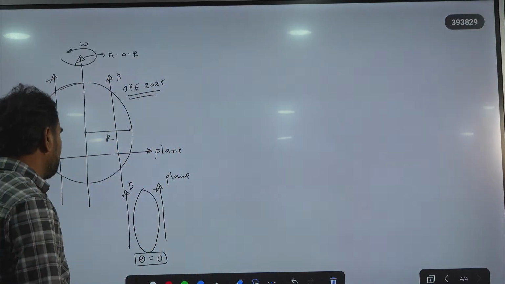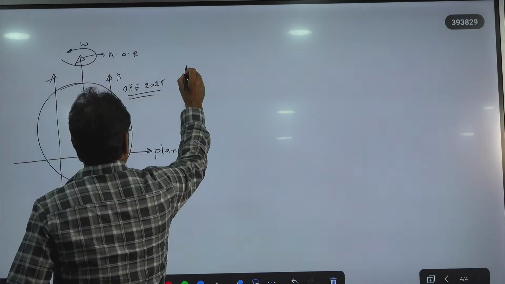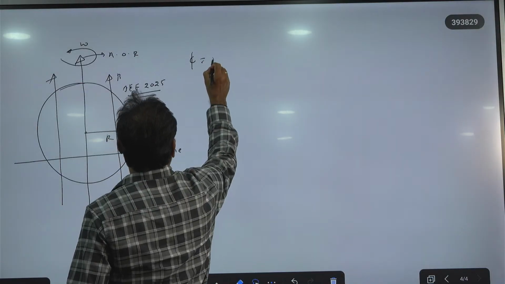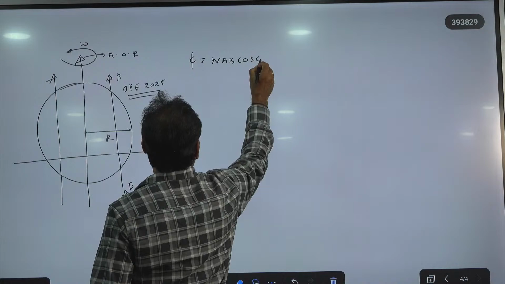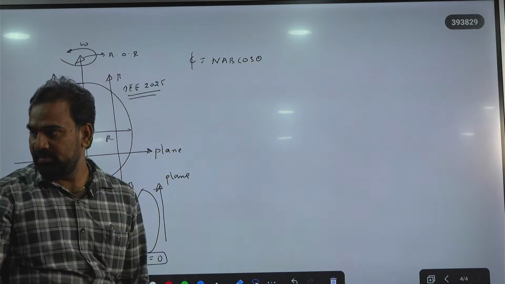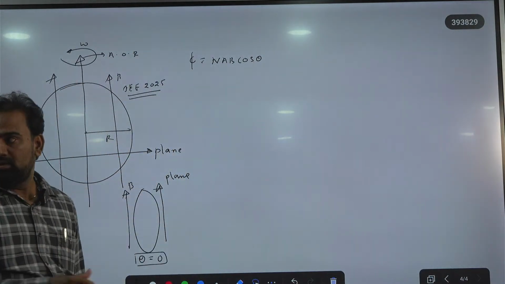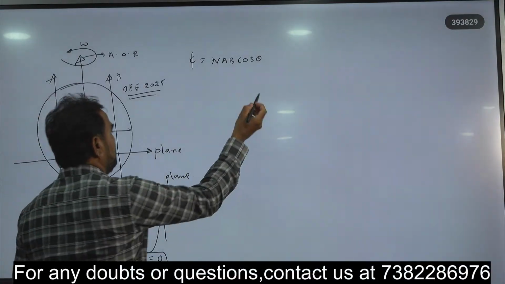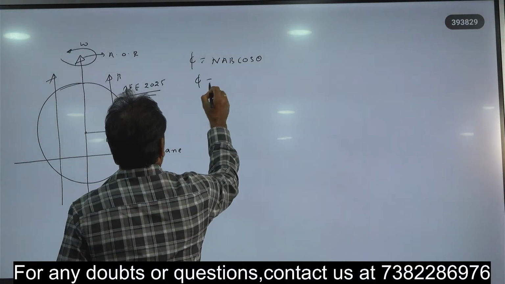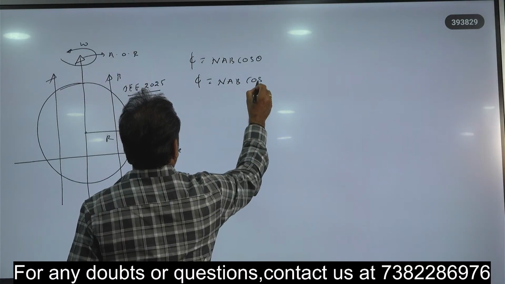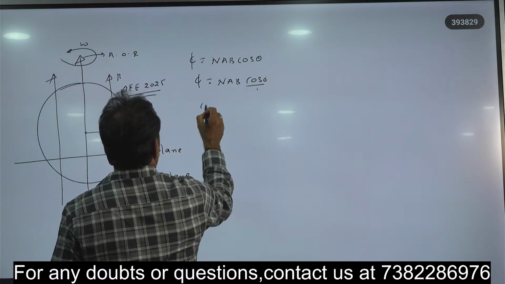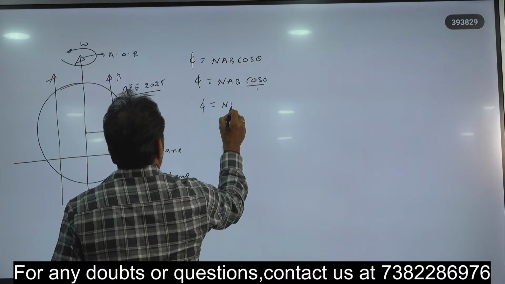So what is the flux associated across the coil? बोलो, phi is equal to NAB cos theta ना. But theta is equal to 0, that is phi is equal to NAB cos 0. Cos 0 value is 1, that is phi is equal to NAB.